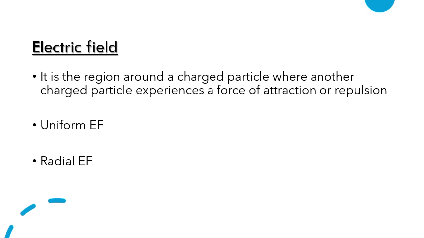So let us see what's the meaning of a radial electric field. Another name of radial electric field is non-uniform electric field. So from this term, it is very clear that the magnitude and direction of electric field is going to be different in such an electric field.